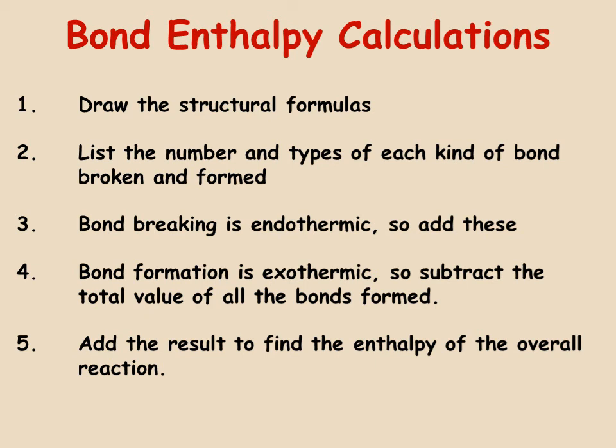Always remember that bond breaking is endothermic, so you have to add all the reactant energies. And bond formation is exothermic, so you take the total heat energy of the products and subtract it from the reactants. Then, when you calculate, you get the enthalpy, right?